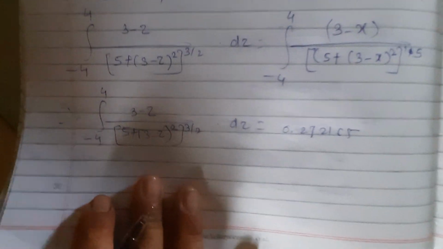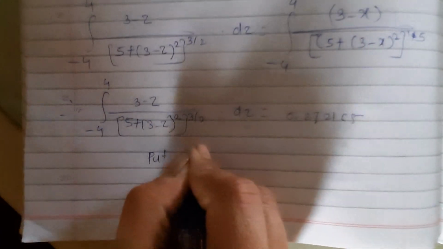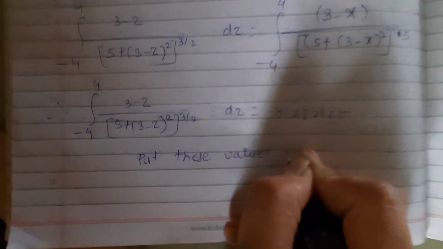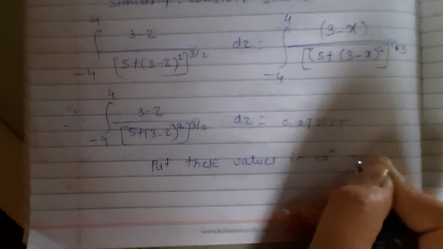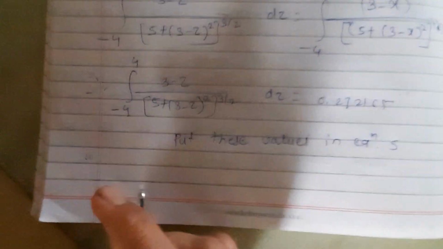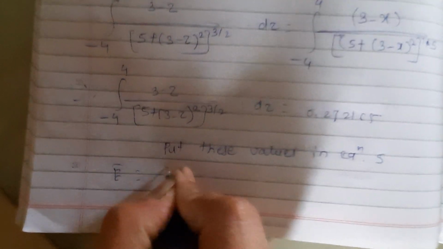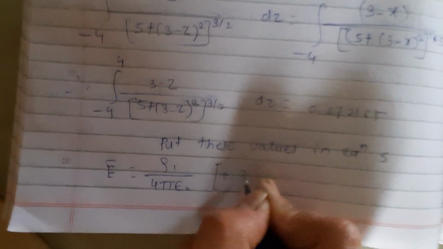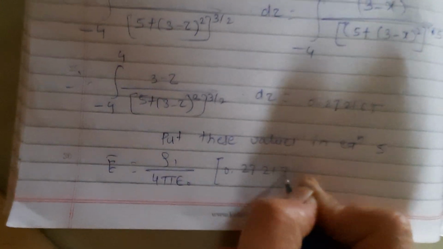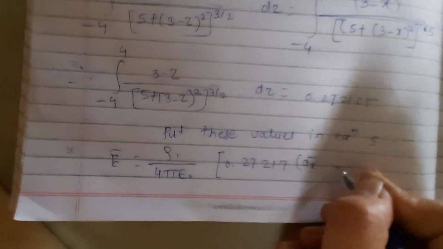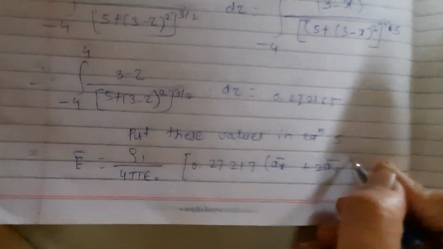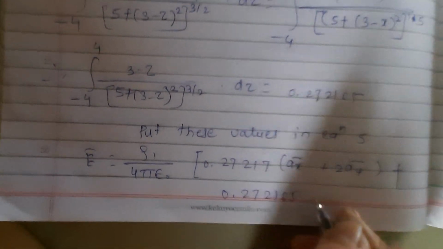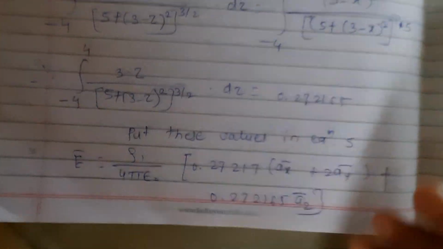So put these values in equation 5, and we get E bar is equal to 1 by 4 pi epsilon 0 times (0.27217 ax bar plus 2 ay bar plus 0.272165 az bar).